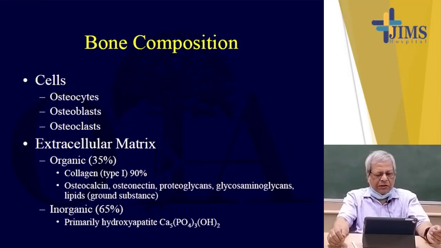The extracellular matrix, other than cells, is composed of organic 35%, inorganic 65%.